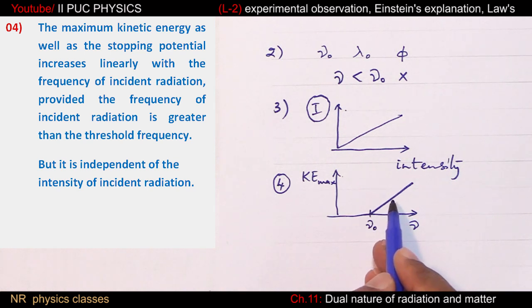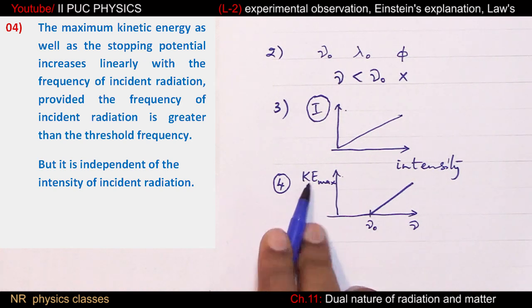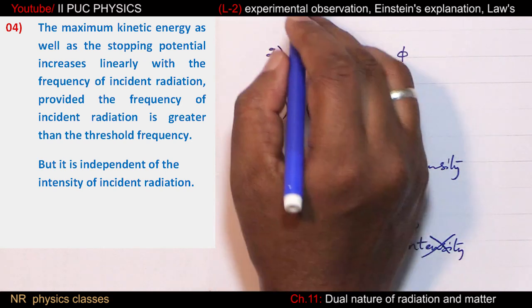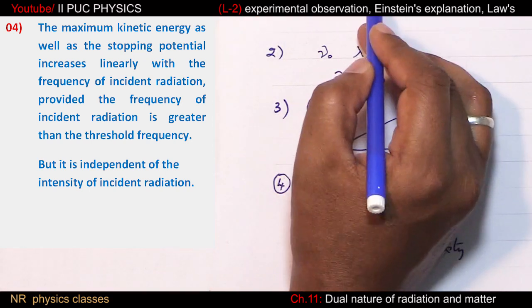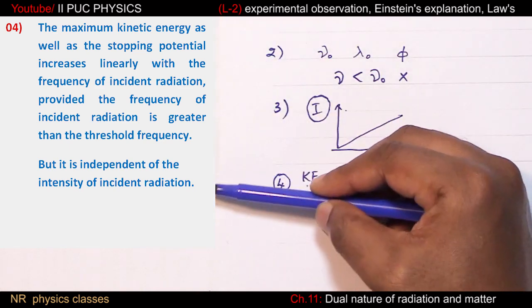And this is independent of the intensity of incident radiation. Kinetic energy depends on frequency. Kinetic energy is independent of the intensity of incident radiation. Okay. So these are taken as laws of photoelectric effect. Students, go through these 4 points and note them down.